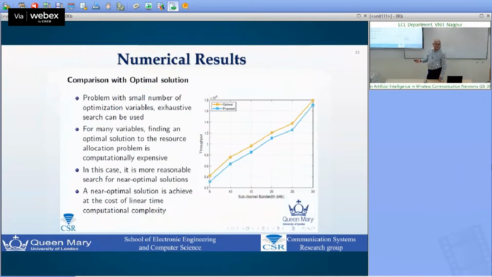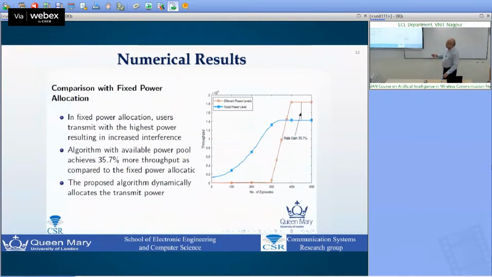In that case, we have to go for dynamic optimization. This is just to demonstrate with a few parameters. If you train with more data set, it should go to the yellow line.